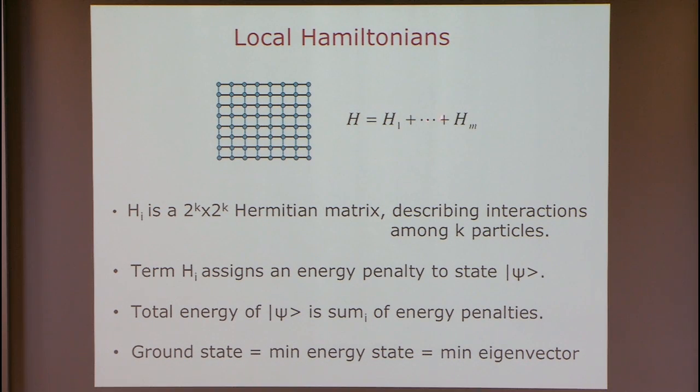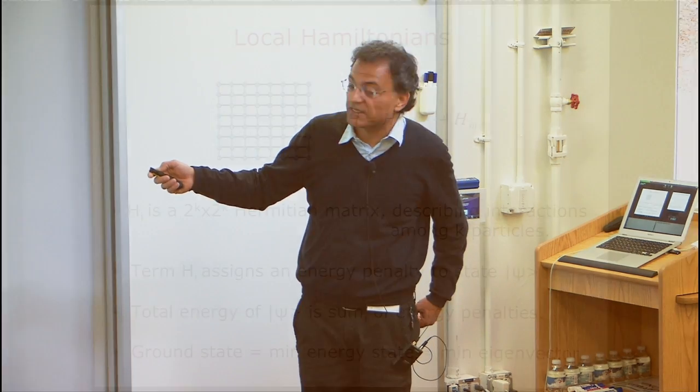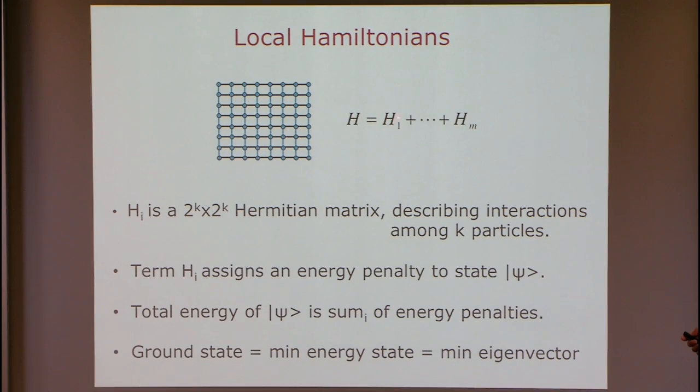So when we write this out, just to make sure that everybody's on the same page, the Hamiltonian would now be, if there are n particles, a 2^n by 2^n Hermitian matrix. Each of these terms, h sub i, is tensored with the identity, and then you add them up.